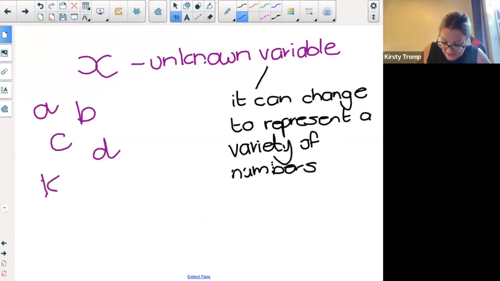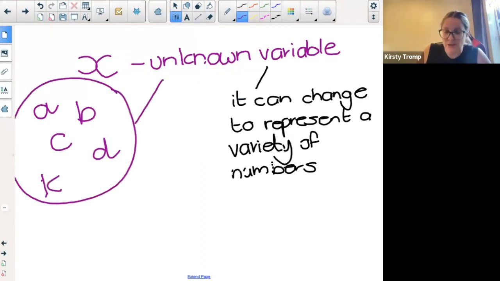Any of these letters can be used as an unknown variable. But the one that teachers often like to use, or not just teachers, but mathematicians as well, is X.